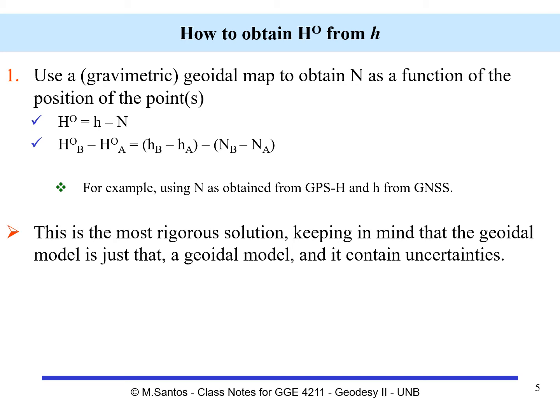So this is basically what we discussed before, using N, the geoidal height, obtained from the GPS-H program from NRCan, and the geodetic height from GNSS. I consider this the most rigorous solution, but we have to keep in mind that a geoidal model is just that. It's a model, and it contains uncertainties.